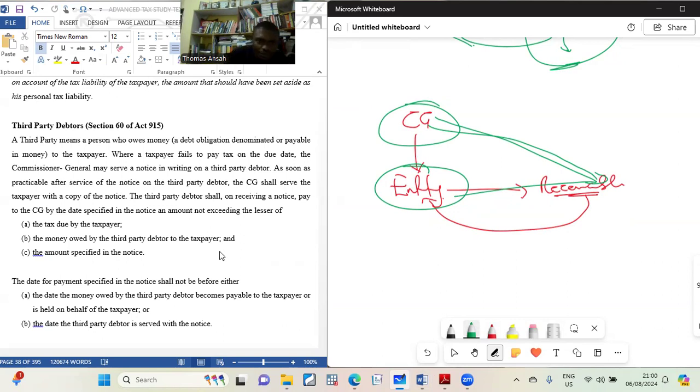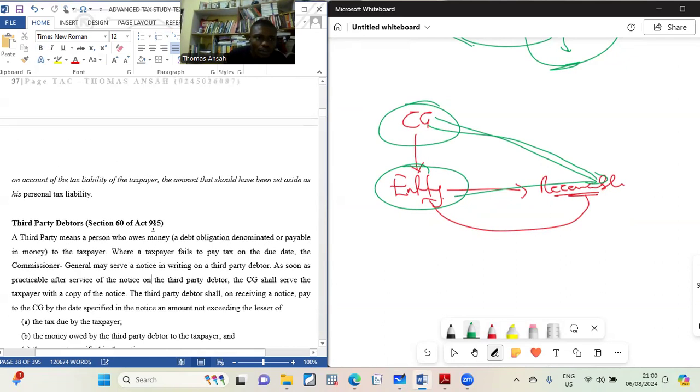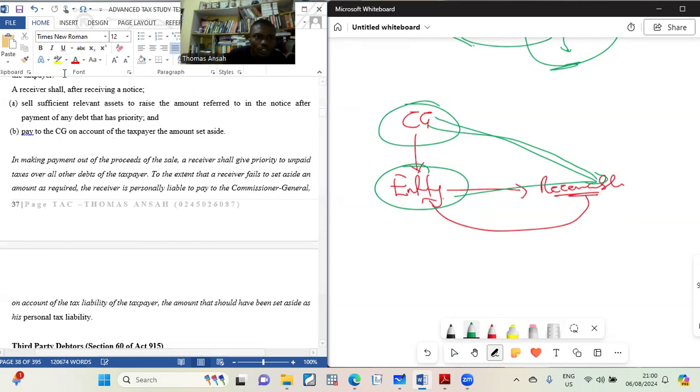So in this case, whose duty is it to inform the entity?